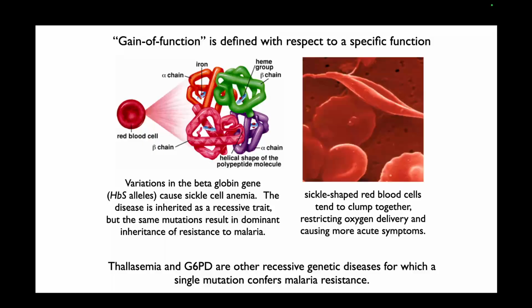Basically, if you have sickle cell anemia, your red blood cells become sickle shaped. They lose surface area to carry oxygen bound to hemoglobin, so less oxygen is carried, and the person becomes anemic.